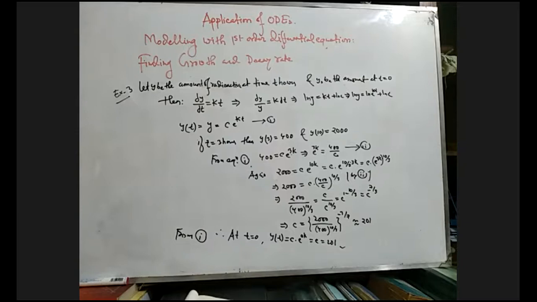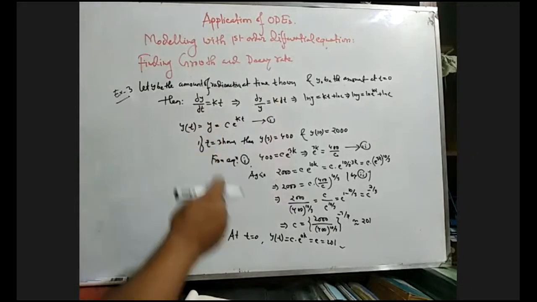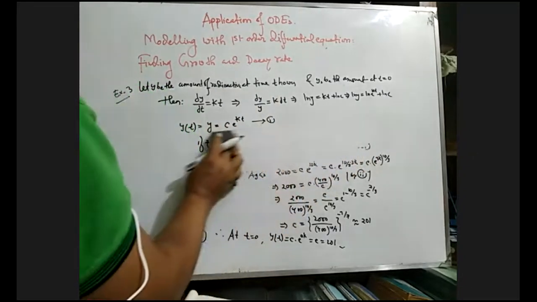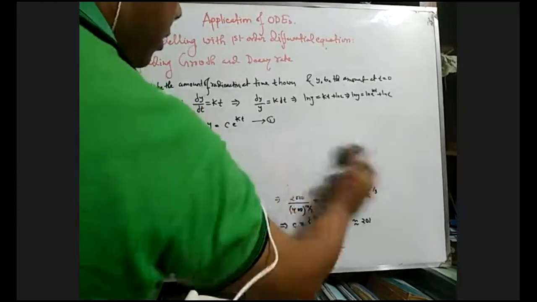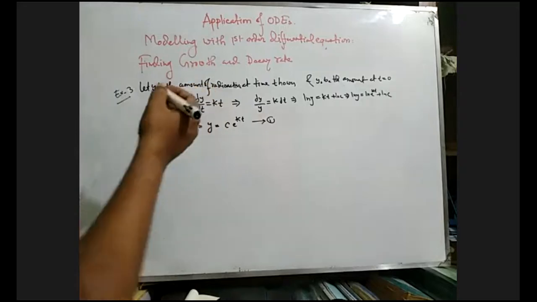So dy/dt equals kt. And after solving, we can write this differential equation as y equals c e to the power kt. Okay, this is equation number 1.